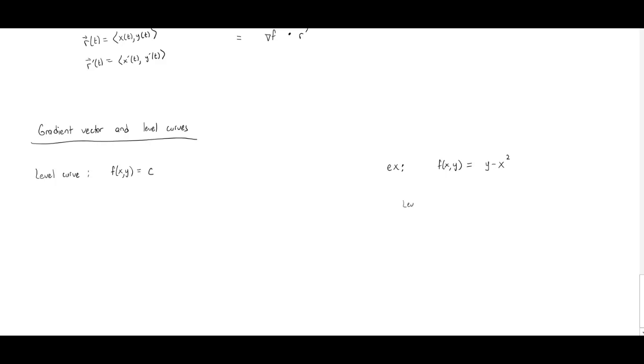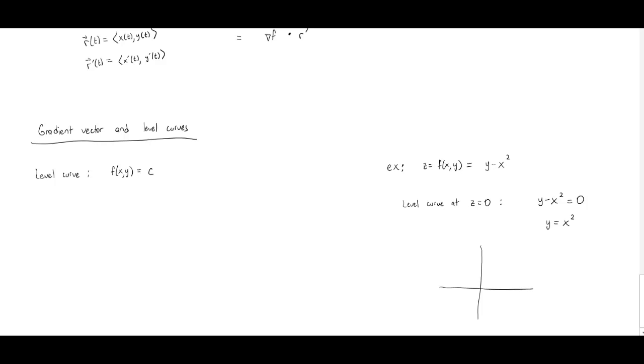And then I'm going to look at what happens if I set my function equal to 0. Think of my function as the z coordinate. So in this particular example, my level curve is given by the equation y equals x squared.